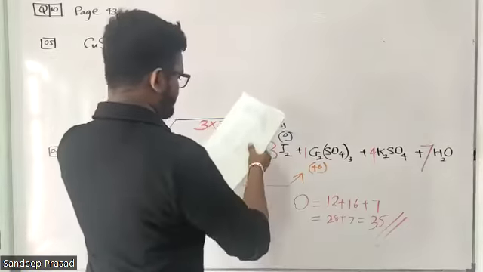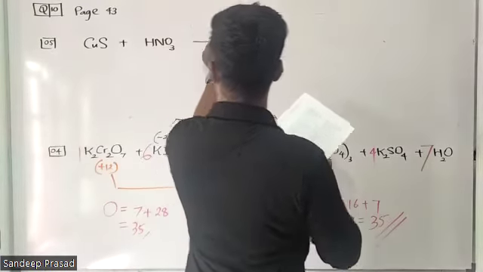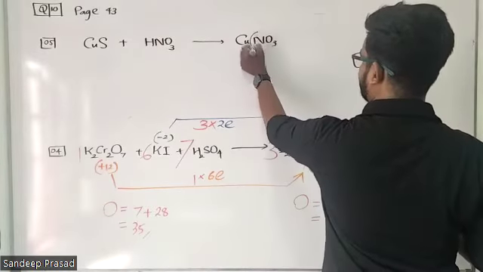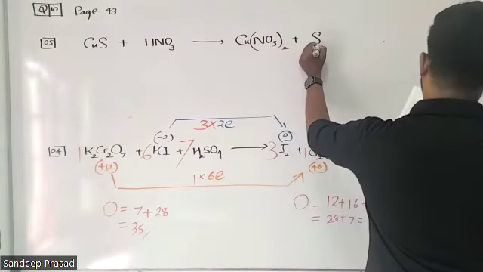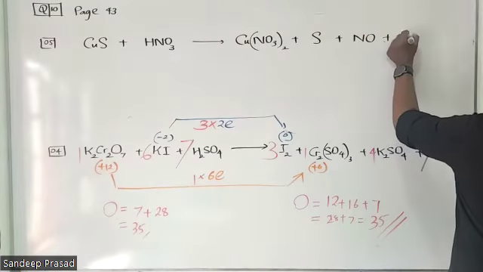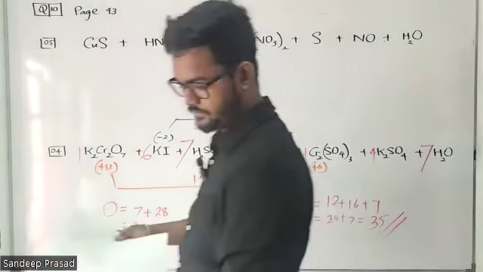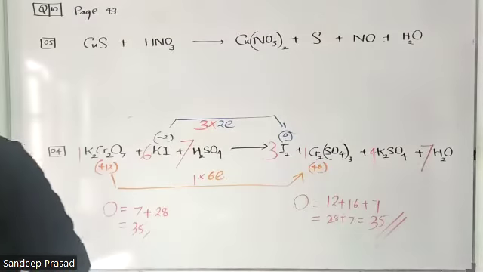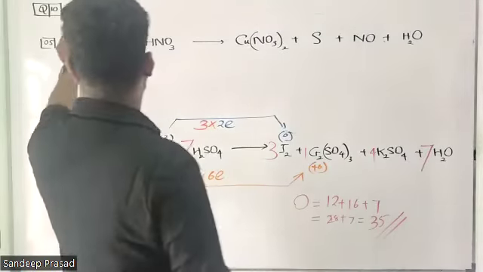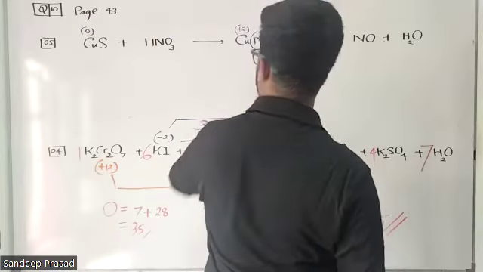Copper sulfide, HNO3 converted into copper nitrate, sulfur, nitric oxide, H2O. Copper's oxidation number 0 to +2.